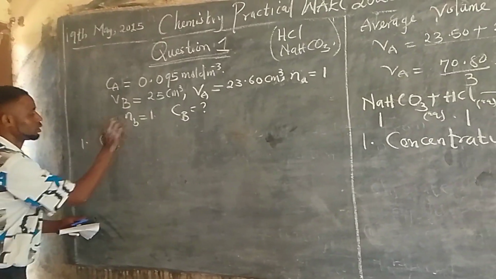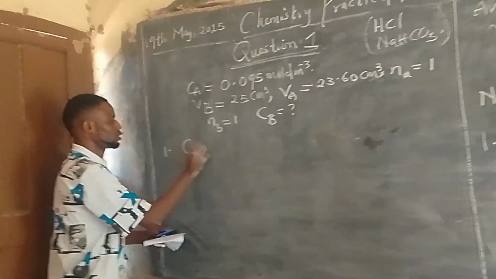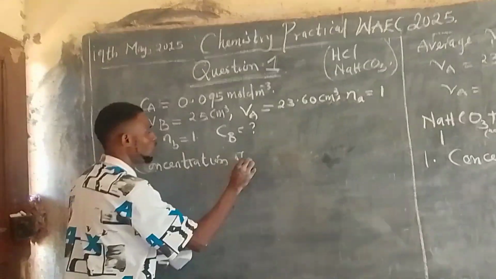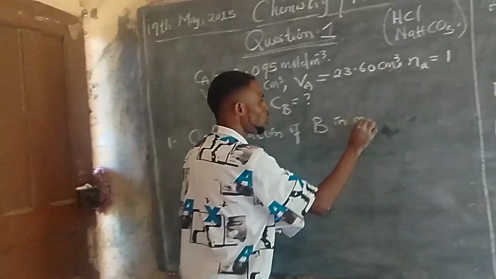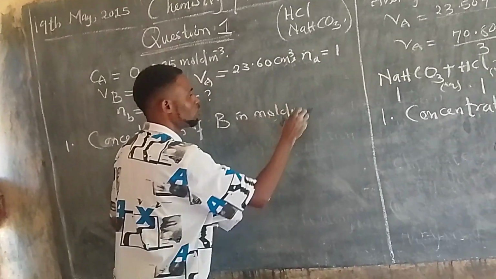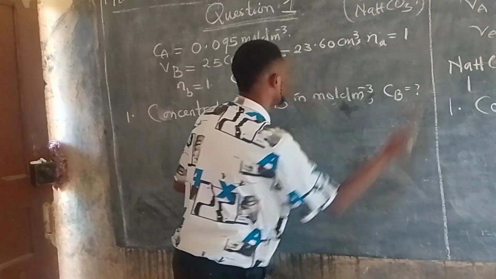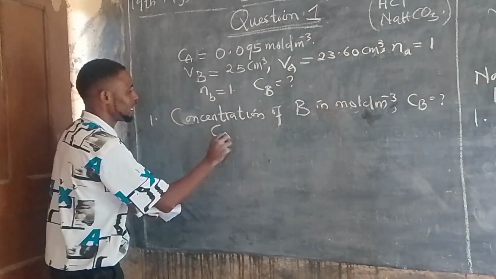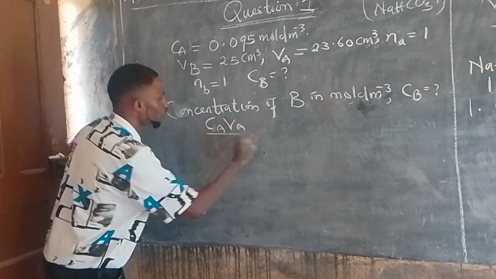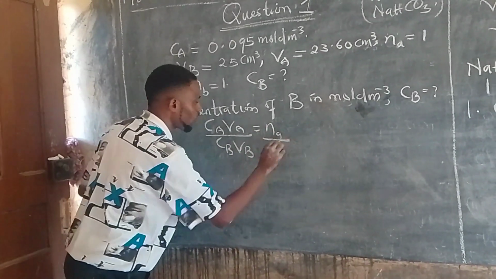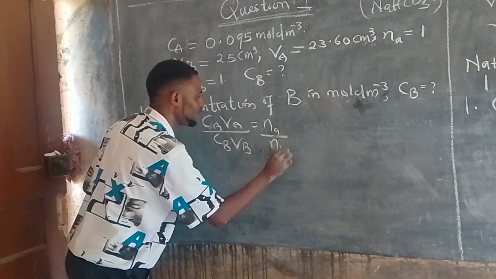The concentration of B in mole per dm cube. Now, using the formula, CA VA over CB VB equals NA over NB.